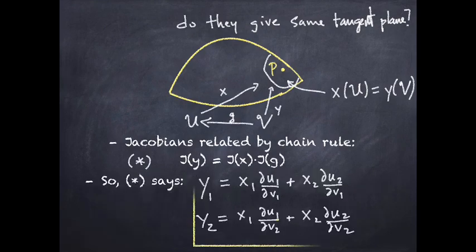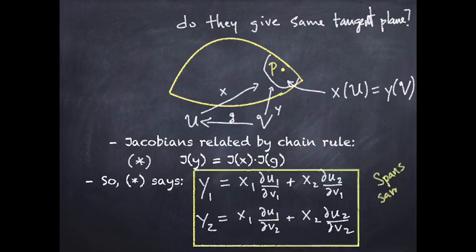More precisely, y1, the first column of the Jacobian of Y, is this linear combination of x1 and x2. Notice that those partials of u1 or u2 with respect to v1 are scalars when evaluated. As a consequence, y1 and y2 are linear combinations of x1 and x2.